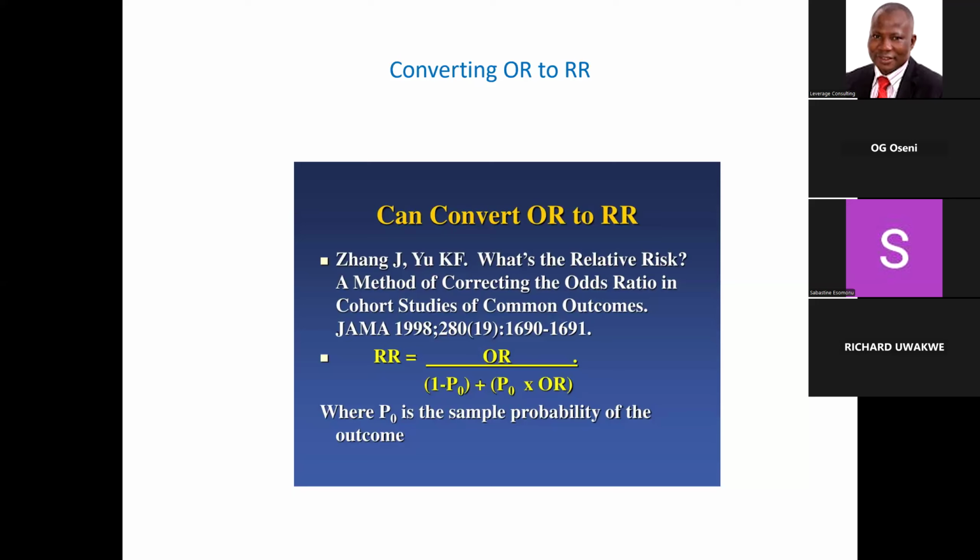So you see that many publications have odds ratios. It's only a few where you see relative risk, because that type of study is rare unless some organization is funding it. So intelligent people came with the formula: if you have a study and you calculate the odds ratio, there is a way you can calculate what the relative risk would be if you had done a cohort study.